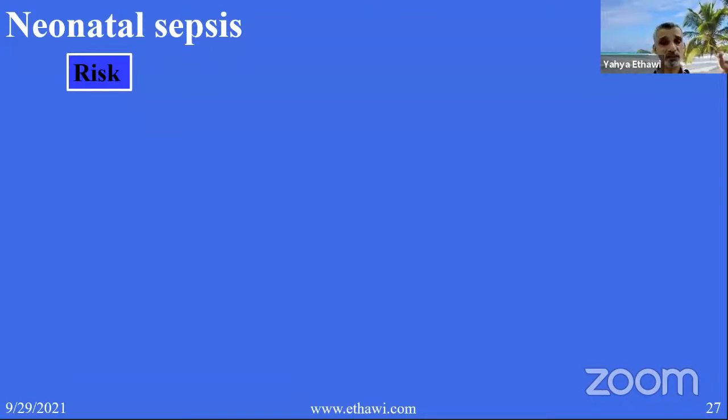The yield at 36 hours is 85%. So if the culture is negative at 36 hours, there is a 15% chance that you have infection. The yield at 48 hours is 95%.